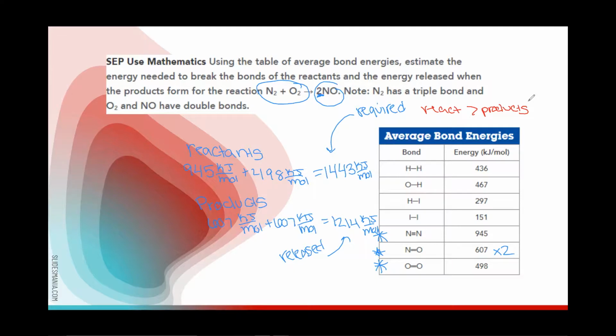If we subtract those two values, 1,443 minus 1,214, it's going to absorb 229 kilojoules per mole from the surroundings. So that's going to have to come from somewhere else, whereas in the other example that we saw, it was going to release that amount of energy. Let's go ahead and move on.